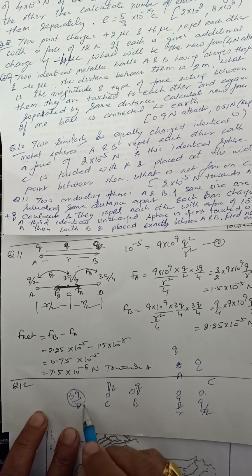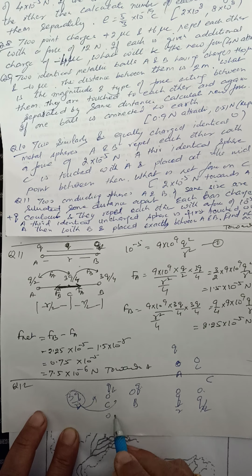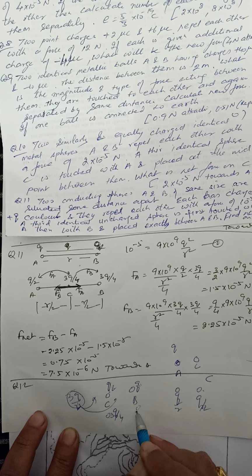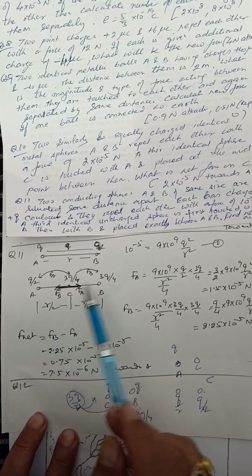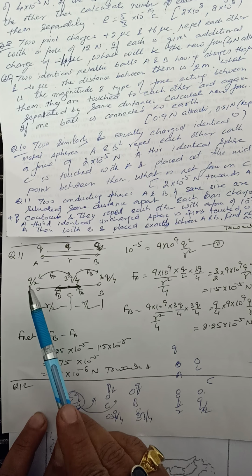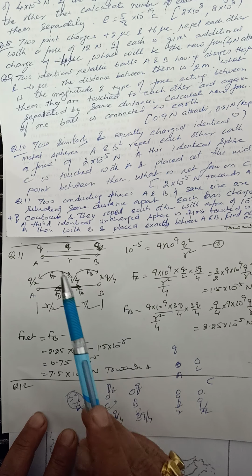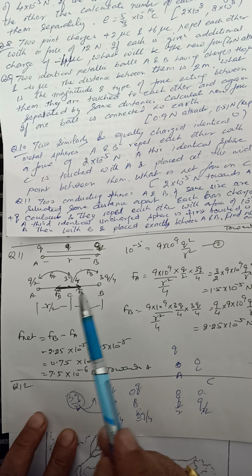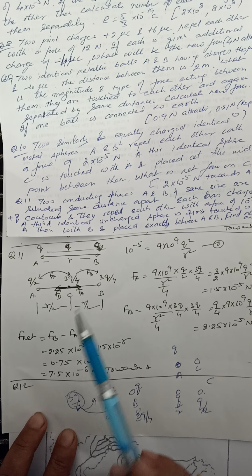Half of this will go to C and half will go to B. The charge of C will become 3Q by 4 and B becomes 3Q by 4. So in the second diagram, we have shown the final situation where A has Q by 2 charge, B has 3Q by 4 because when C was touched with B, the total charge got distributed between B and C, and the final charge of C is 3Q by 4.